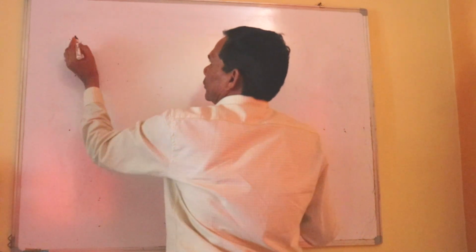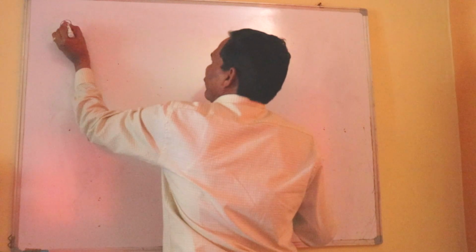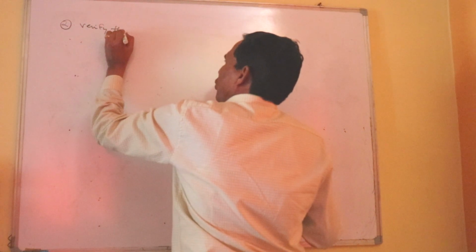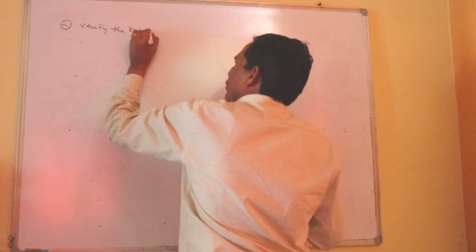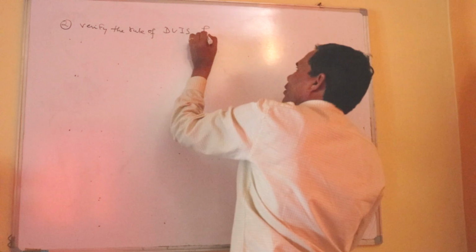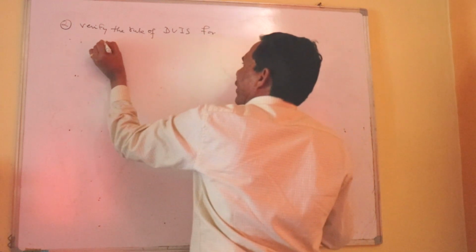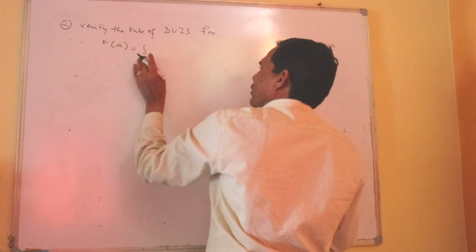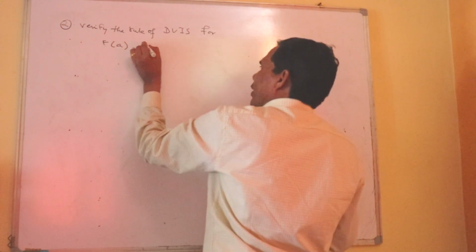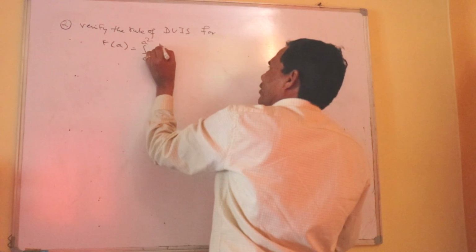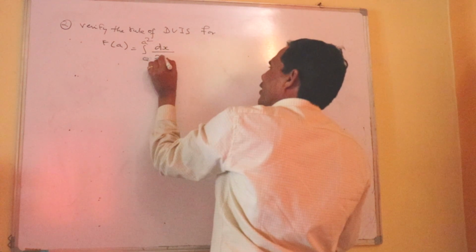Verify, second sum, verify the rule of DUIS for f of a is equal to integral from 0 to a square of dx upon x plus a.